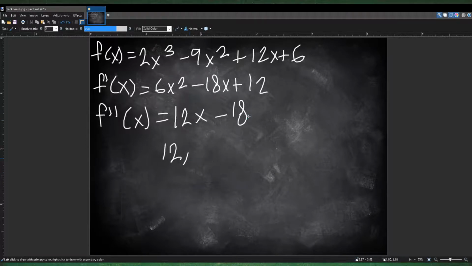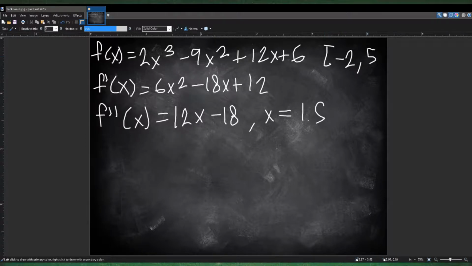Okay? So we're just going to write this on the side so we can save room. Minus 18 is equal, so x is equal to 1.5, right? So now we have our domain. I forgot our domain restriction. Let's say it's from -2 to 5, same as our example in part 1 of our first video in part 7.